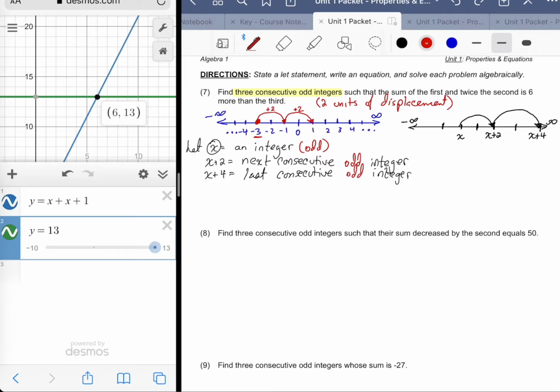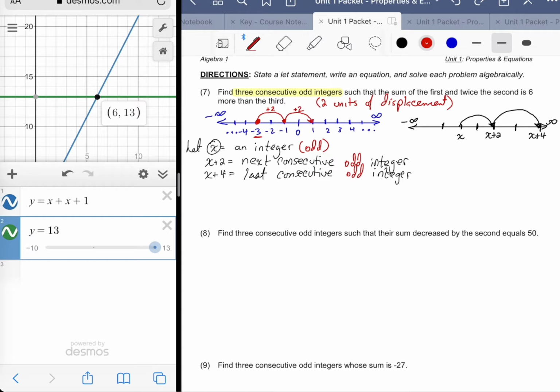So find 3 consecutive integers such that, and by the way, this is the first battle. Once you get over this little hurdle, then things start getting easier. Such that the sum of the first and twice the second. Again, chunk it. Don't do it all in one shot.